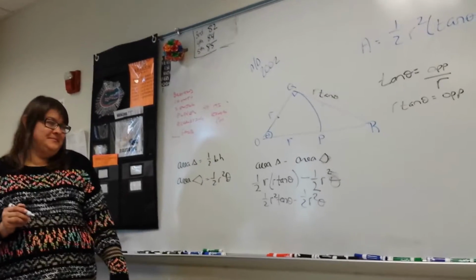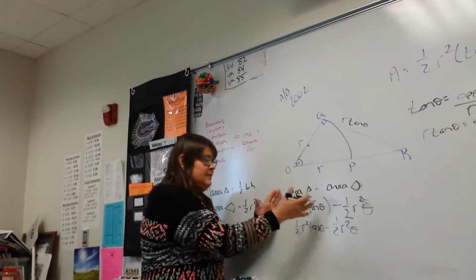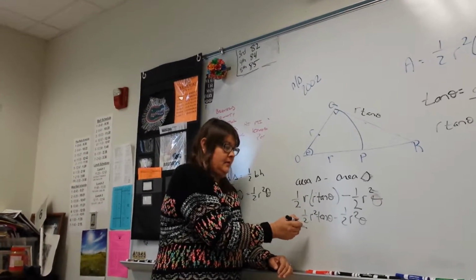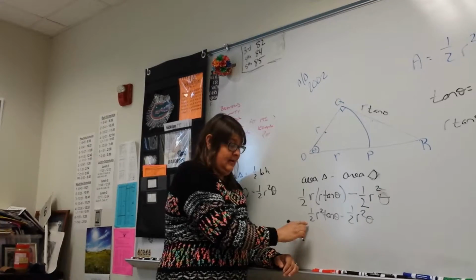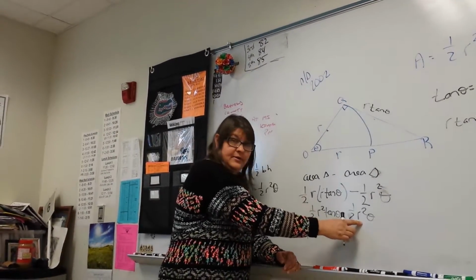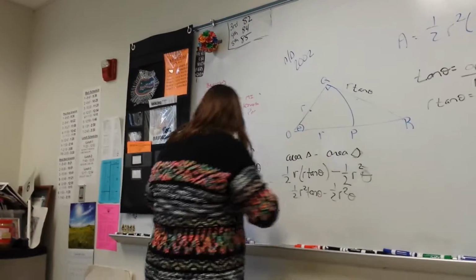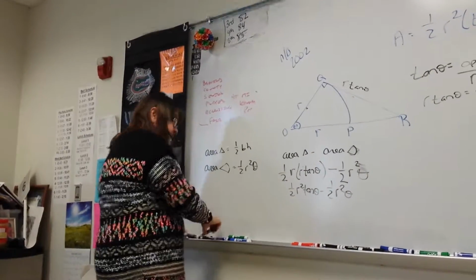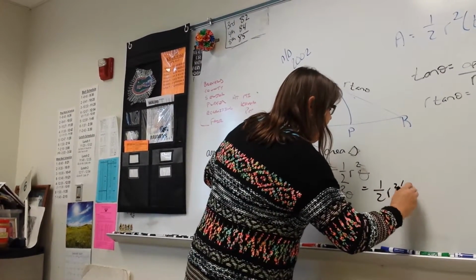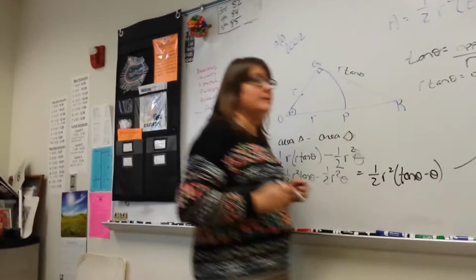So you distribute it. I multiplied it together, so the r and the r became r squared. So what do I have in common now? It's quite obvious now. 1/2 r squared, 1/2 r squared. Would you agree? So if I factor that out, what do you got? 1/2 r squared times tan theta minus theta. Happy face, I have what I want.